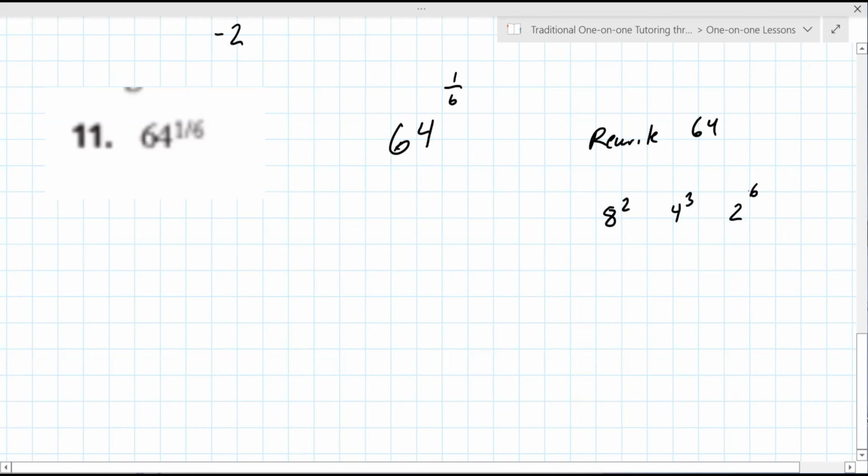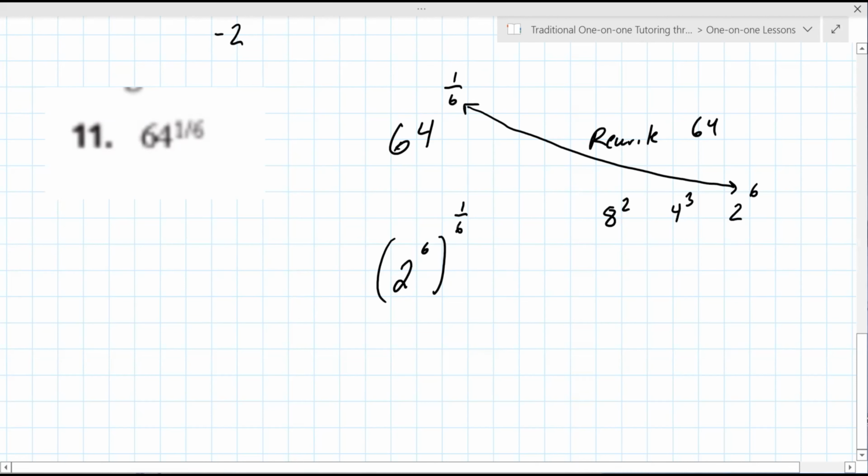Okay, and I think it's a reasonable thing to ask, well, which one do I use? Well, the answer is they all work, but it's probably best to use the one that matches the fraction whenever possible. So I would rewrite 64 as 2 to the power of 6, and notice I'm putting it in parentheses, to the 1/6 power.